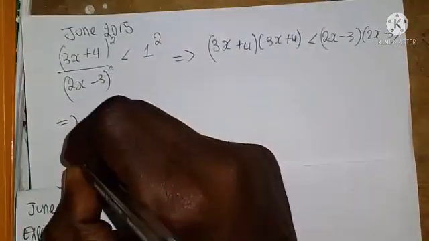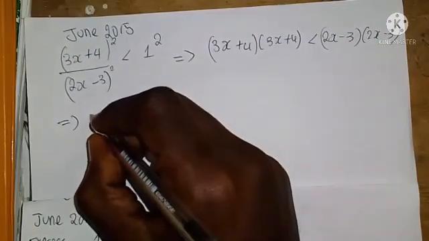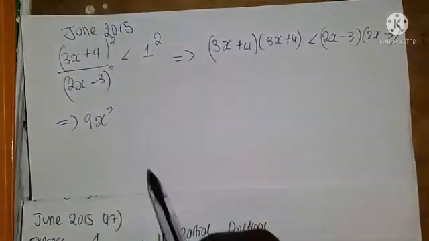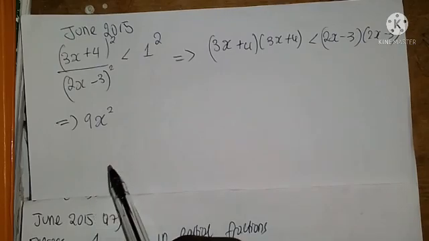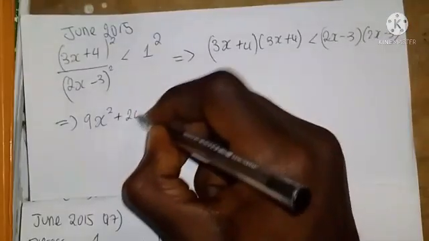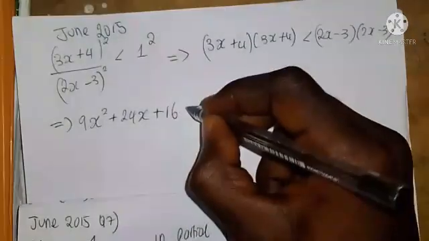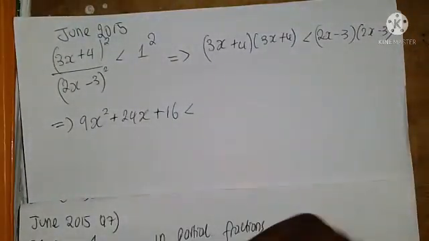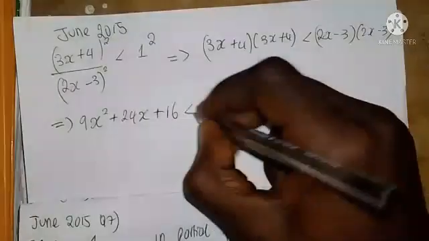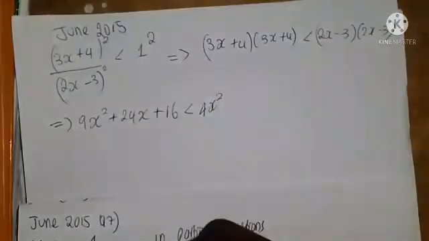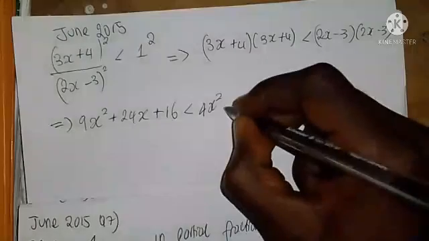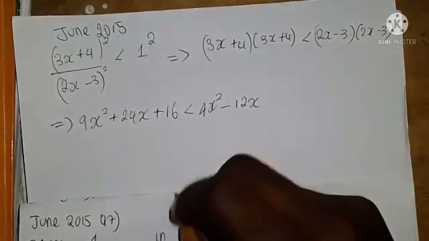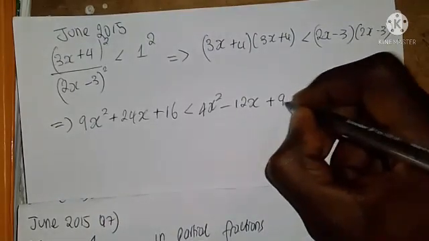This implies that we have 9x squared plus 24x plus 16 is less than 4x squared minus 12x plus 9.